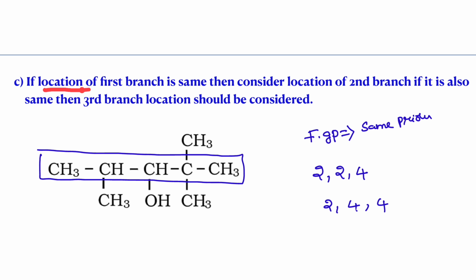So if the location of the first branch is same, then consider the location of the second branch. If this is also same, then we have to consider the third, but here at the second branch only we are getting the difference. Therefore this is wrong, this is correct. Hence the numbering of this particular compound will be like this. So this is 1, 2, 3, 4, 5.